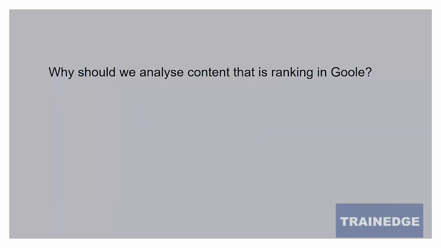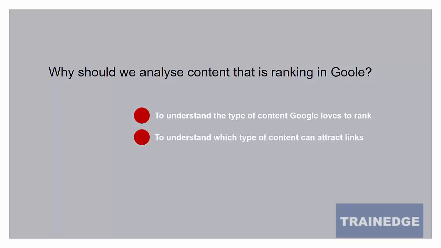Why should we analyze content that is ranking in Google? To understand the type of content Google loves to rank, to understand which type of content can attract links, to understand content that can be popular on social media, or both A and B?